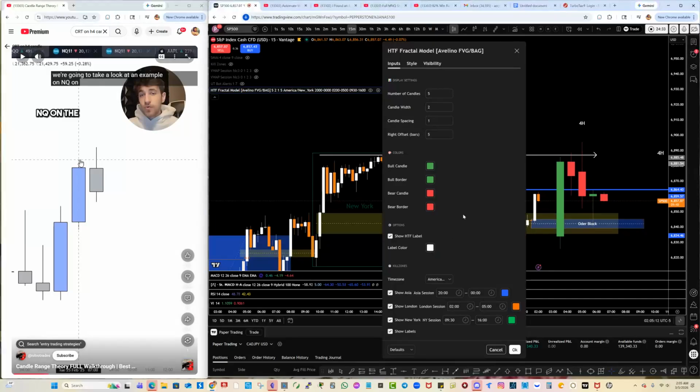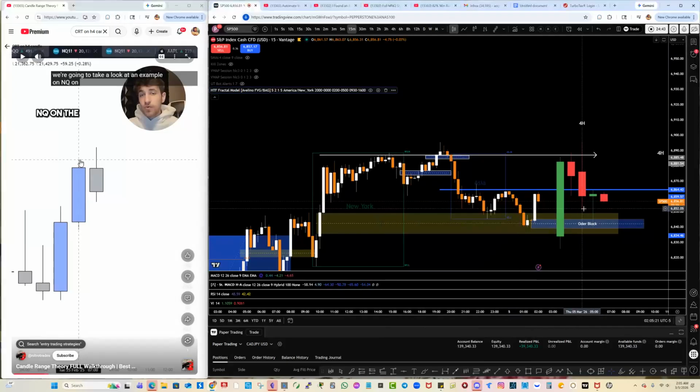So now this is the encroachment that I've seen, and market is closed inside of the previous low right here.